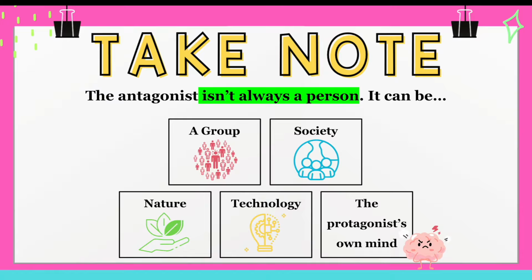It could even be the protagonist's own mind, like the thoughts that they're struggling against. That can be an antagonist in the story. Isn't that a little different to think about, how the antagonist isn't always a person? But it's true. If you think about it, sometimes people are facing some fear and anxiety. Think about the movie Inside Out. She was facing a lot of things that were going on inside of her mind. Those were the antagonists of the story.